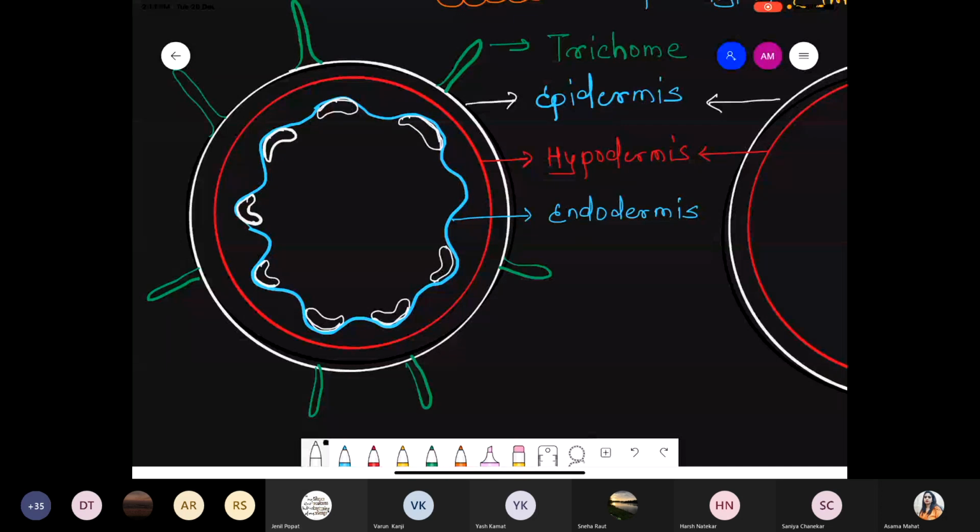So now we are talking about one layer, and the other layer, there is a presence of the connection between these two.